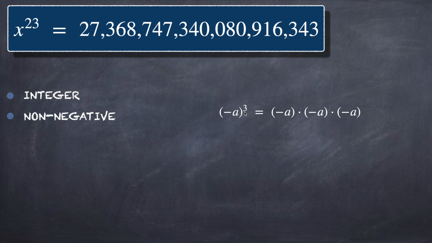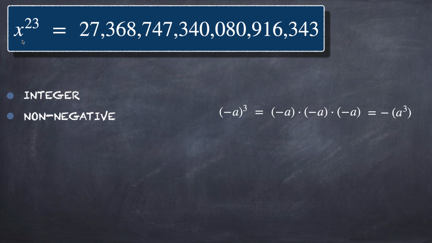So a negative number to the power of an odd number, for instance 3, is negative of a times negative of a times negative of a, and this is of course the negative of a to the power of 3. This is a positive number, but with this negative sign, this results in a negative number. Since this is a positive number, x must be positive as well.